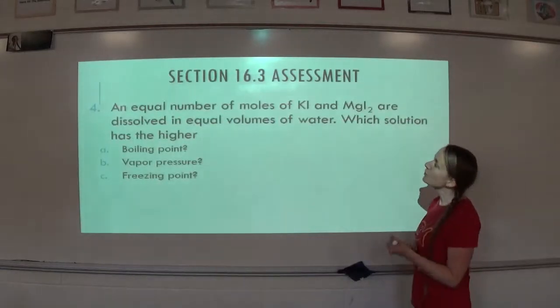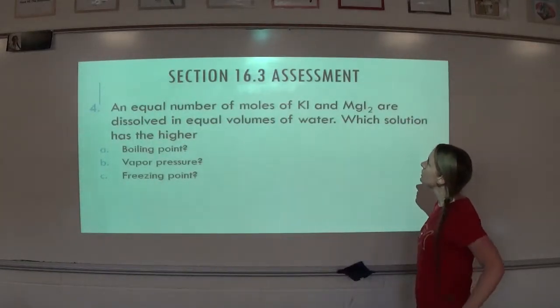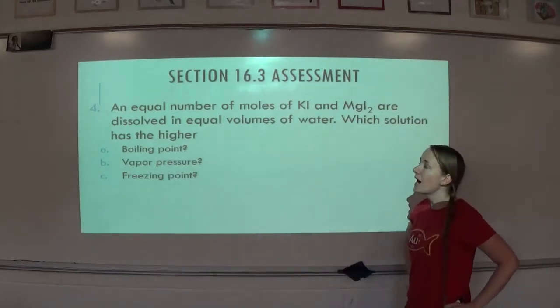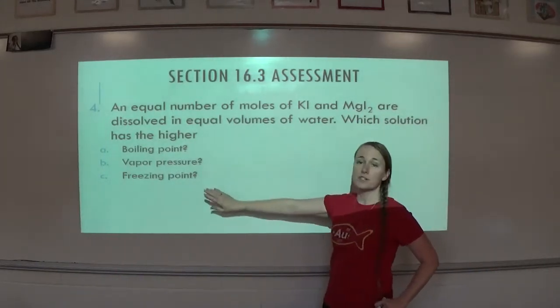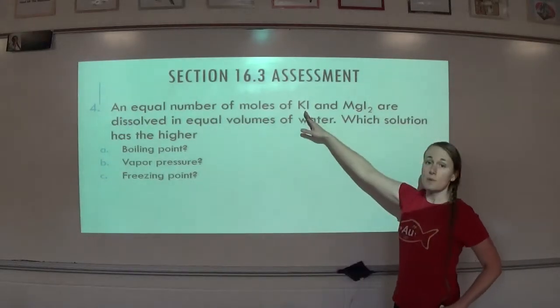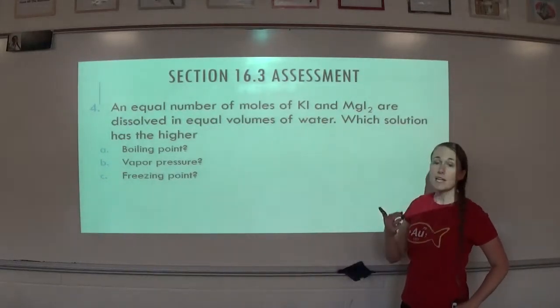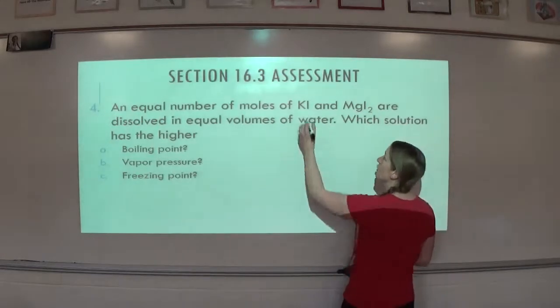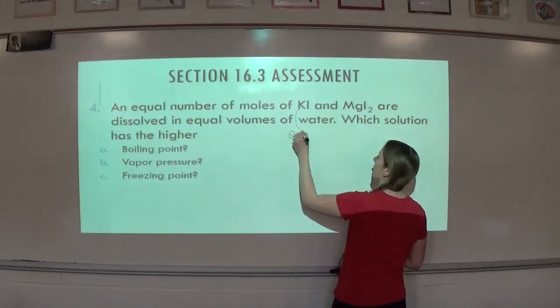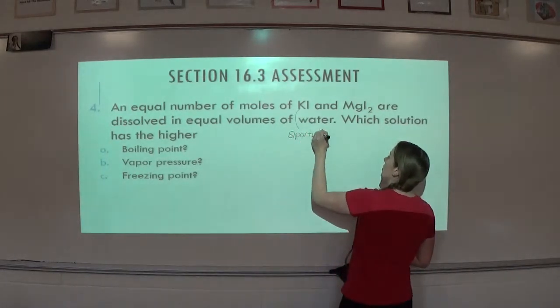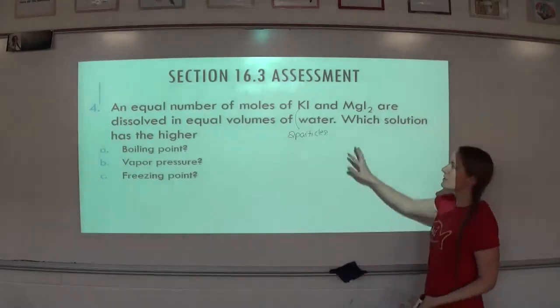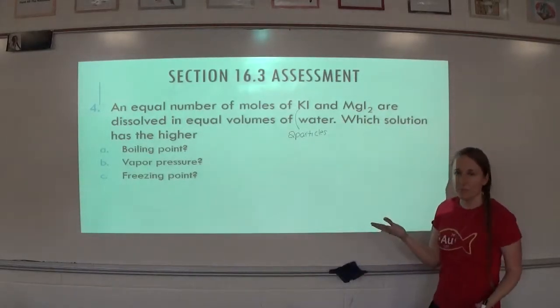So it says, an equal number of moles of KI and MgI2 are dissolved in equal volumes of water. Which solution has the higher boiling point, vapor pressure, freezing point? Alright, well first let's determine particles. So KI, that's a metal and a non-metal. So I'm going to get 2 particles every time KI breaks up. Now since they didn't give me a mole amount, then I don't need to multiply by anything.